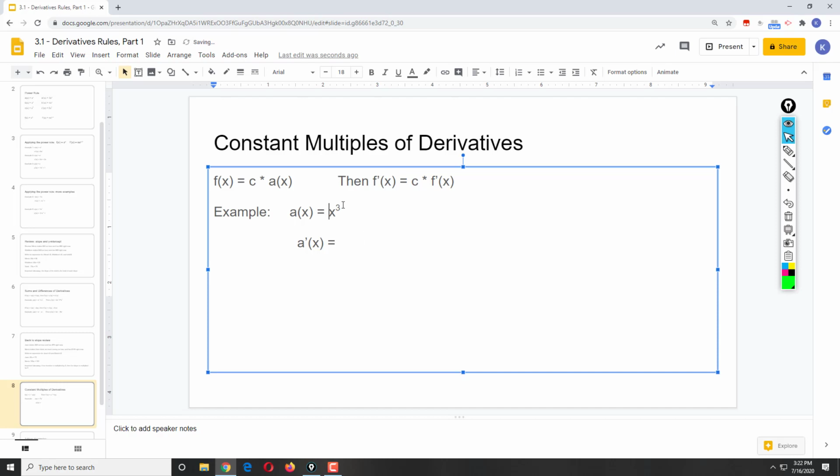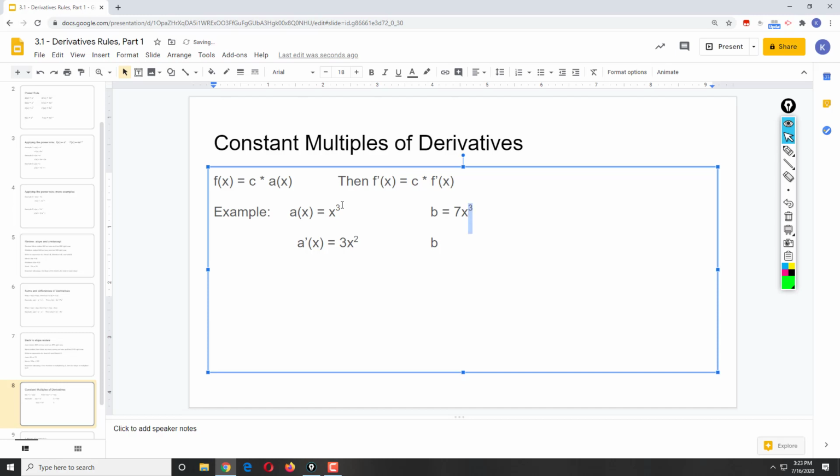Well, we know that if a of x is x to the third power, then a prime of x is 3x to the second power. Okay, we know that from earlier. But what if b of x is not x cubed, but 7 times x to the third power?